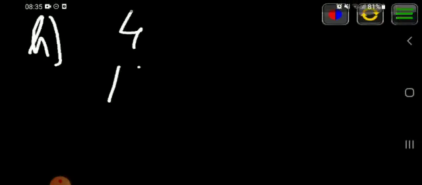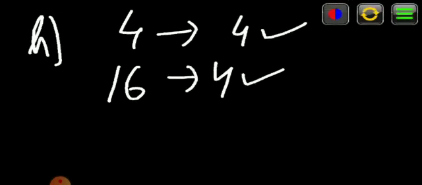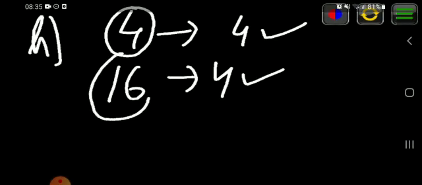H part is, if a number exactly divides two numbers separately, it divides their sum also. Suppose I take 4 and 16. 4 is divisible by 4 and 16 is divisible by 4 also. So here we have taken two numbers, 4 and 16, and both are divisible by 4.